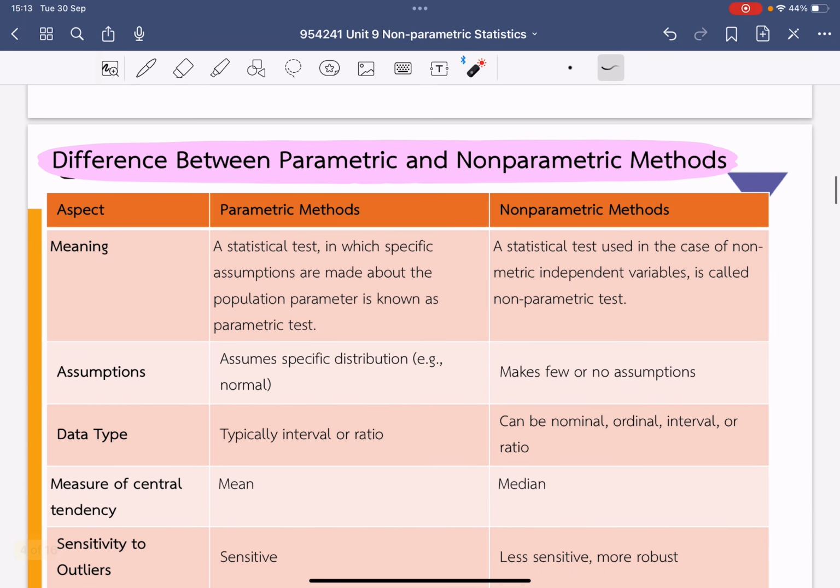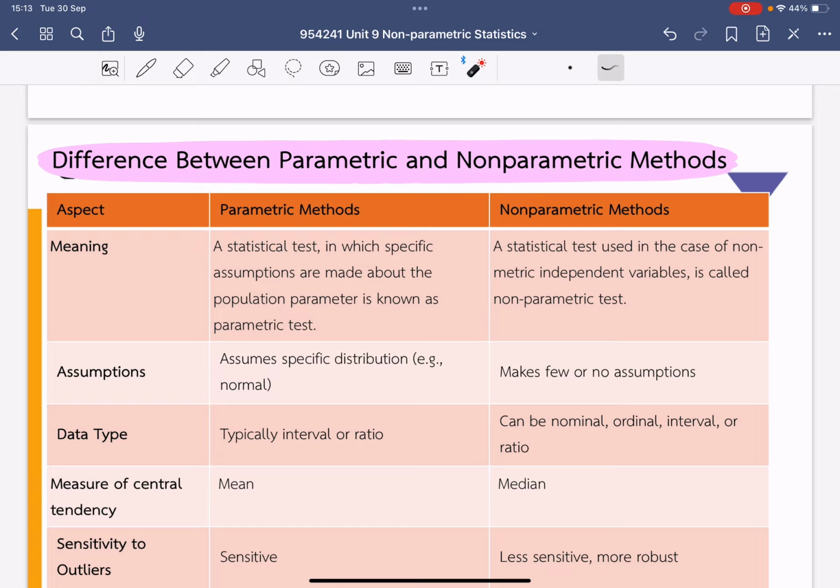Let's see the difference between parametric and nonparametric methods. Parametric methods are what we did before. In hypothesis testing, we did the Z-test and T-test. Actually, there are more, like regression and ANOVA, and also the Pearson correlation that we did.